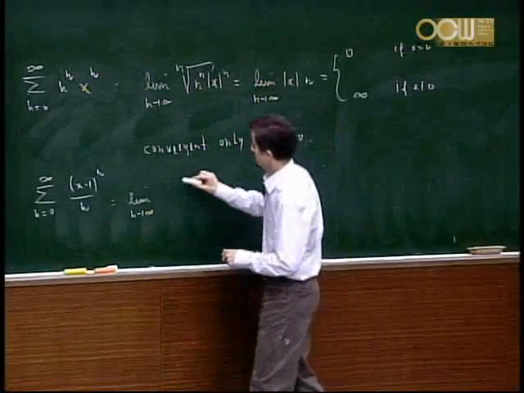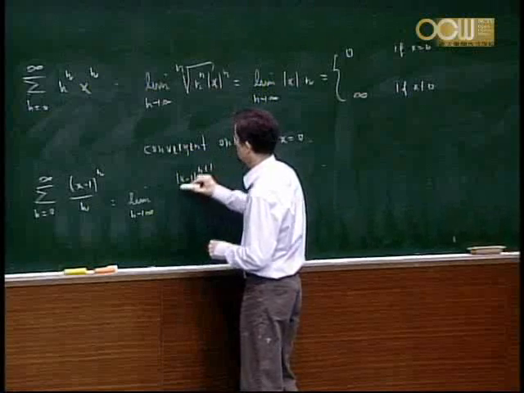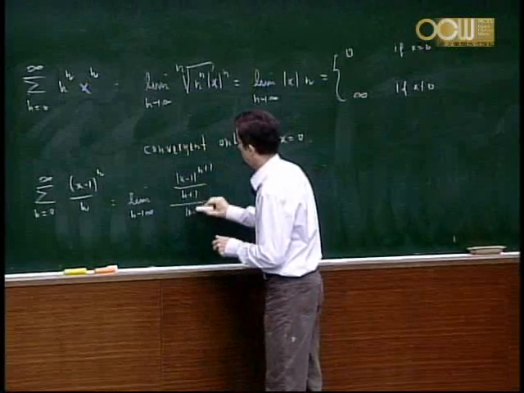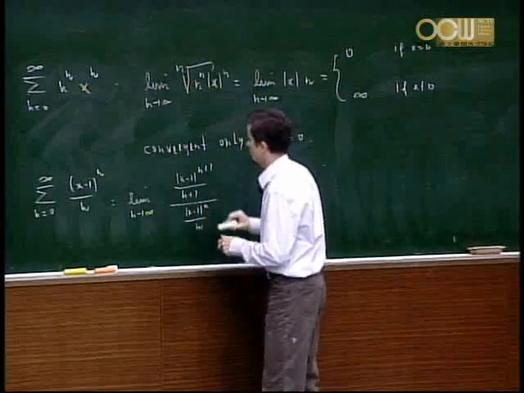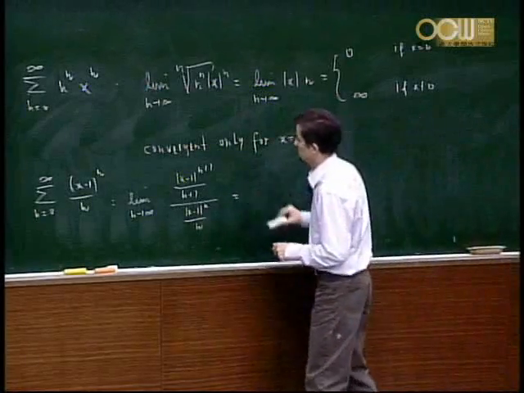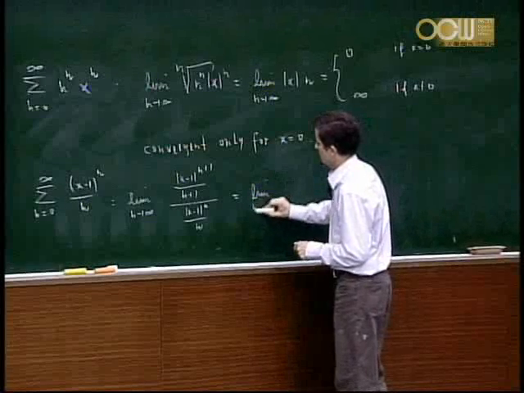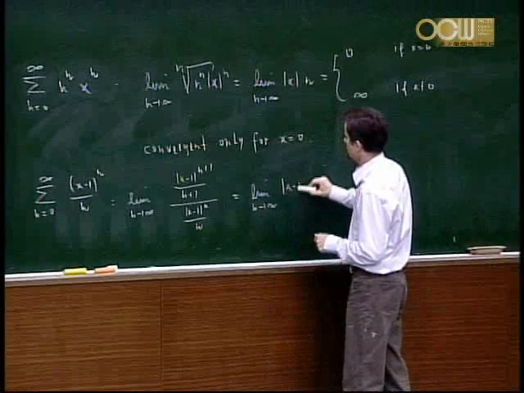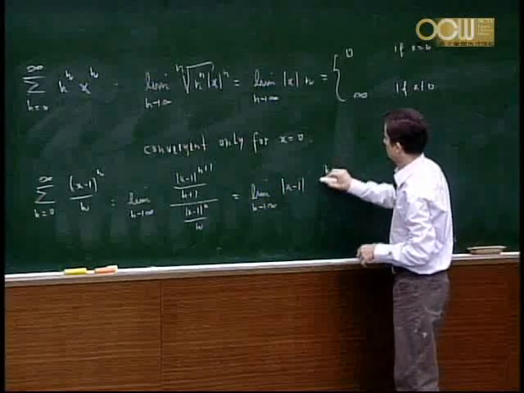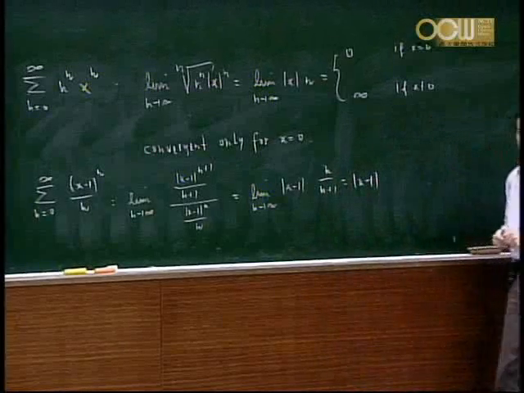So we have the absolute value of x minus 1 to the n plus 1 over n plus 1, over the absolute value of x minus 1 to the n over n. So we see that this is the limit as n tends to infinity of the absolute value of x minus 1. This is actually a constant, so we can take it in front of the limit. And then we have n over n plus 1. So this will be the absolute value of x minus 1.